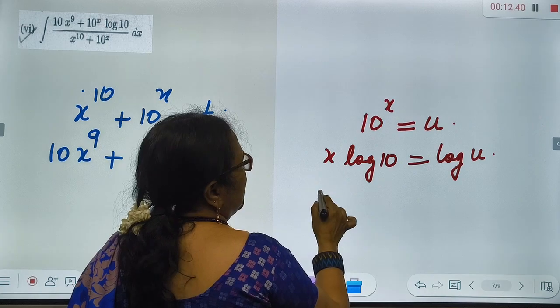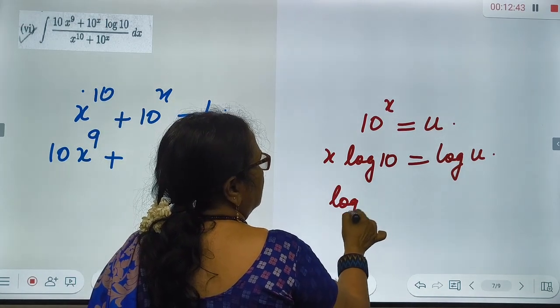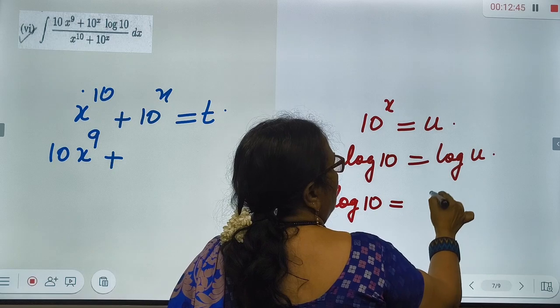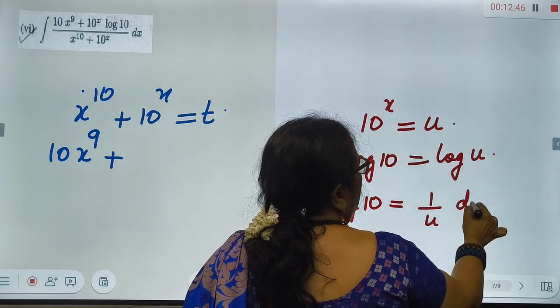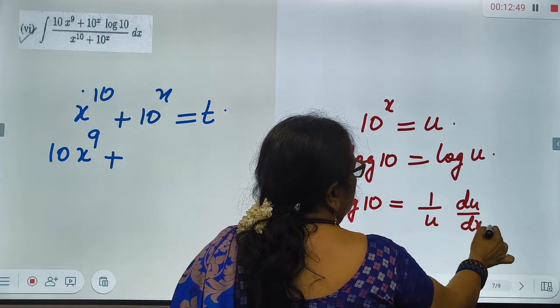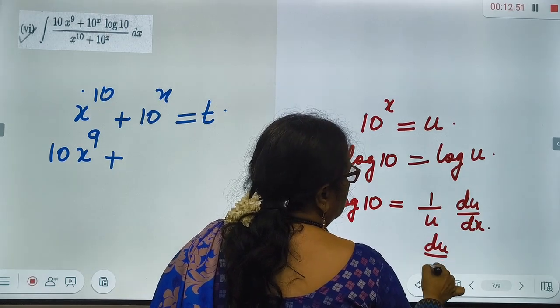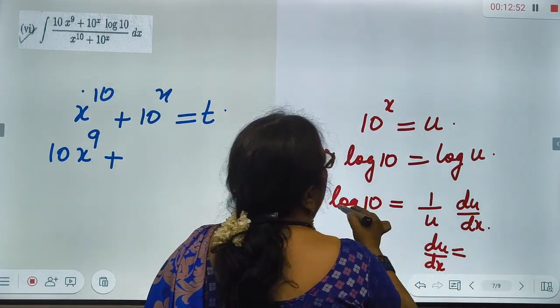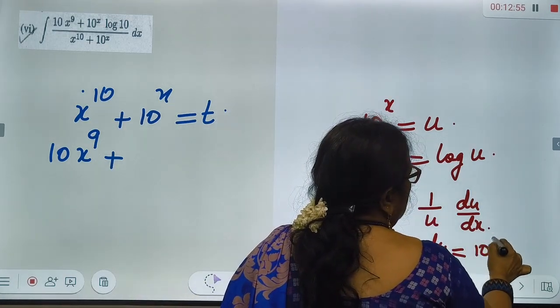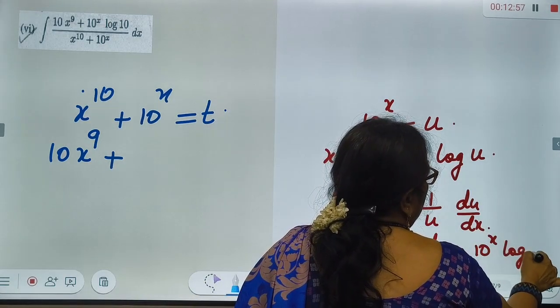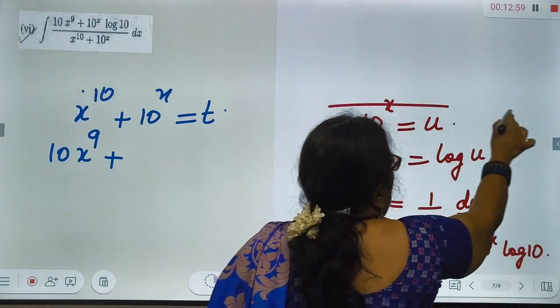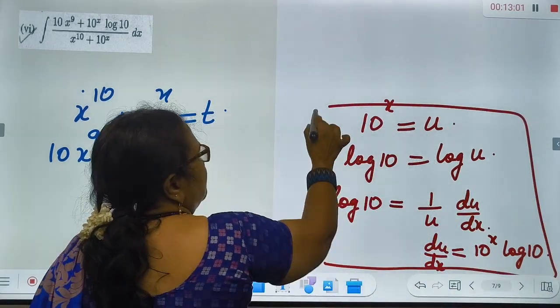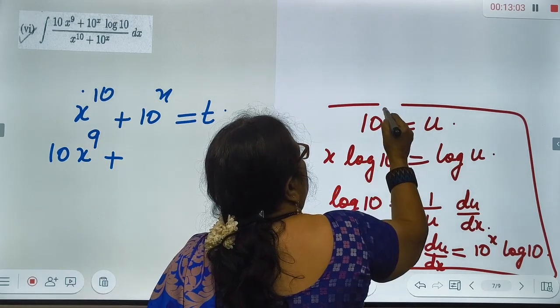If I differentiate, I will get log 10 is equal to 1 by u du by dx, or du by dx is u into log 10. U is 10 power x, so 10 power x log 10. So the derivative of 10 power x is 10 power x log 10.